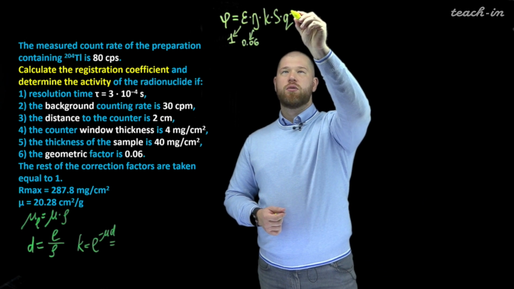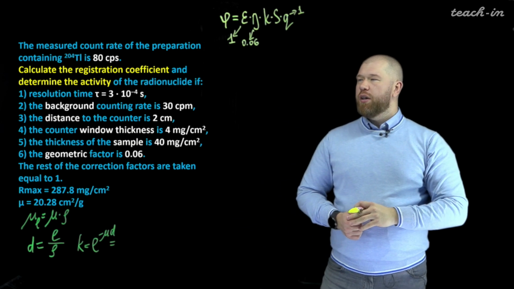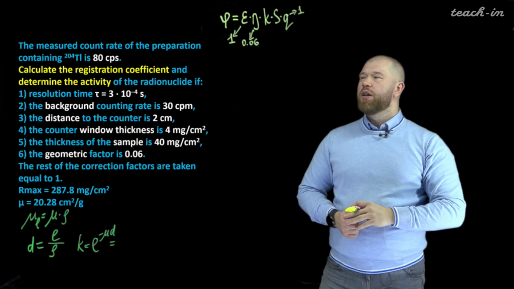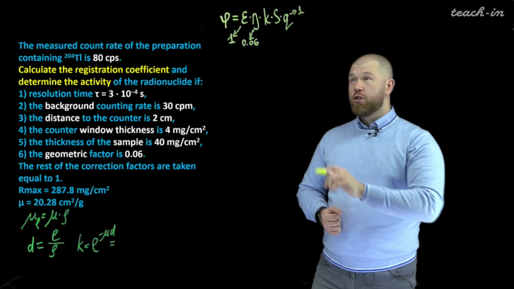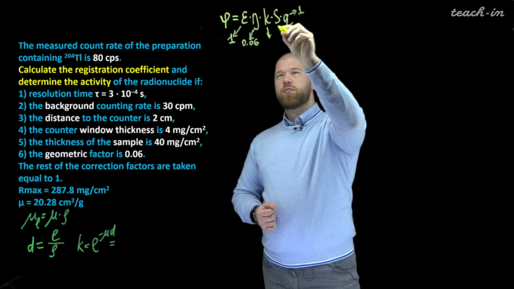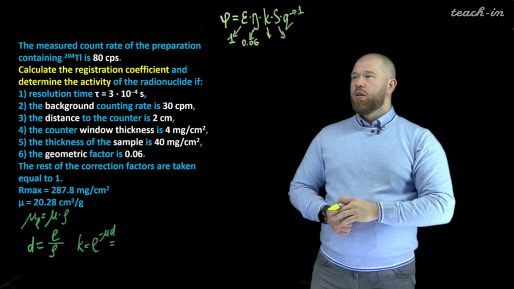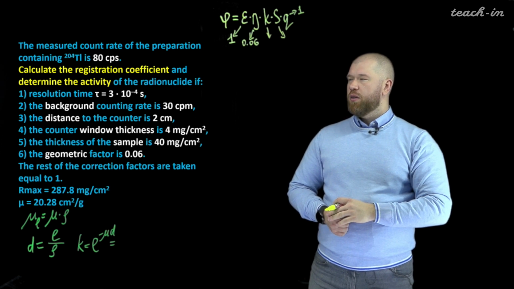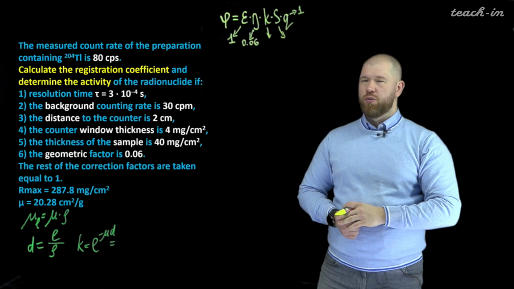That means it is also equal to 1. And for us, it means that we only have to calculate at the moment the attenuation coefficient and the self-attenuation coefficient. Let's start with the self-attenuation coefficient, as far as it has only one thickness, the thickness of the sample, it will be a bit easier.